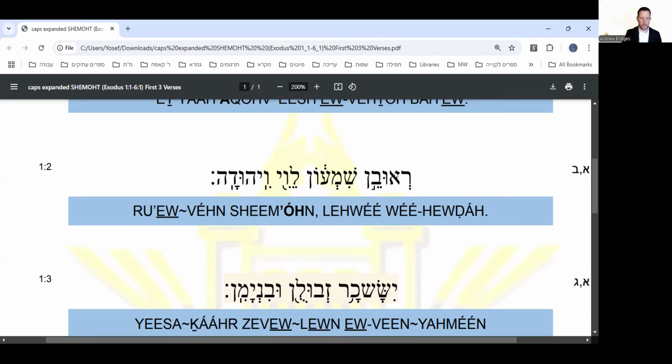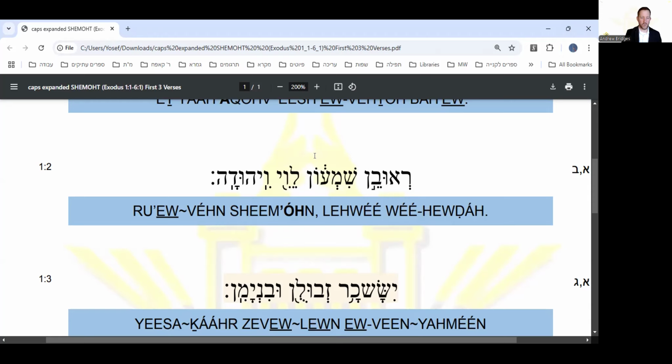And Aleph is a guttural letter. When the next letter is a guttural letter, then the schwa, when it is sounded, will take on the same vowel as the upcoming guttural letter. In this case, it's u, because this vowel right here is shuruk, makes an u sound. The only difference will be that the schwa's pronunciation of u will be much more abrupt, much shorter, unaccented. So not ra'u, but ru'u, ru'u.